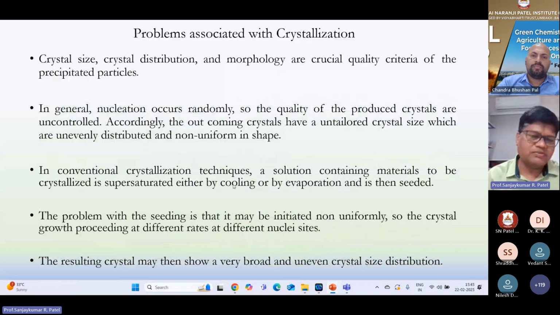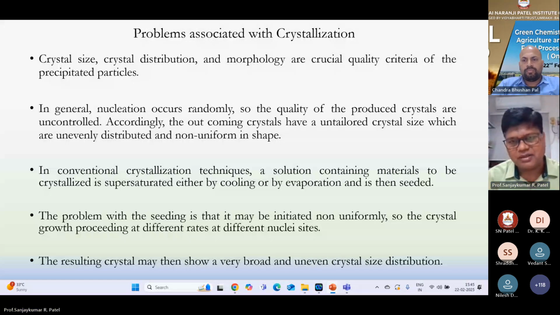most of the problems I would categorize into two main problems associated with crystallization: the handling of the crystal size, and the shape of the particular crystals. The market requires that the product should have an equal size, correct?